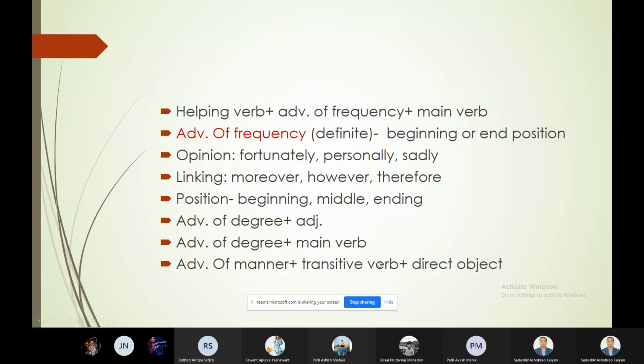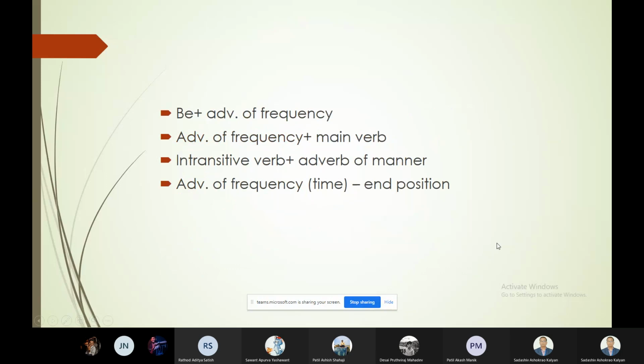Whenever we are using the adverb of degree, then we use the adjective, like adverb of degree plus main verb, adverb of manner plus transitive verb plus direct object. Okay, so these are the various structures of adverbs when we are using words like be, was, been, these are the three forms.